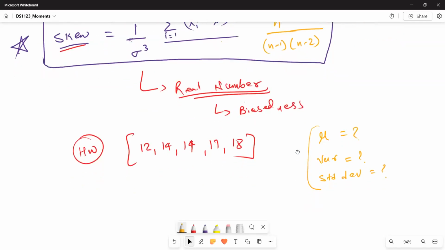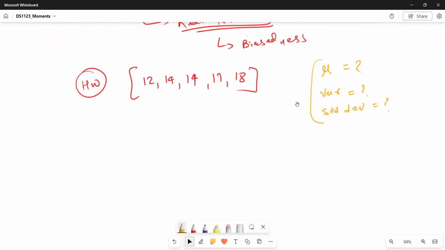Let me just give you the idea of this. Let's say mean of the data is 15 with us. Mean of the data is 15. The variance of the data is, I'll just check.